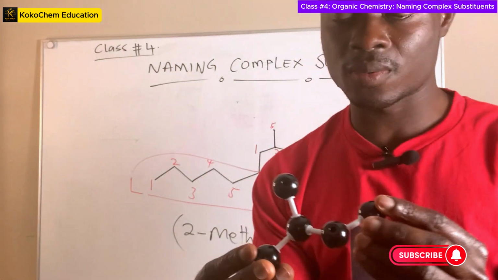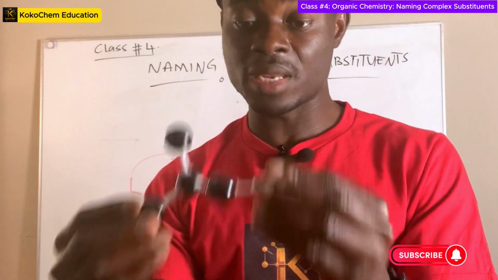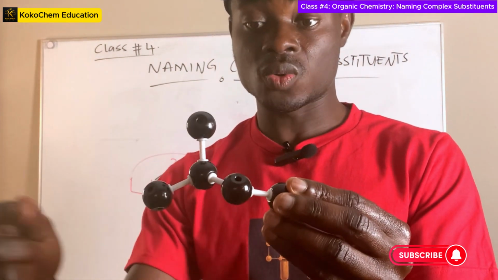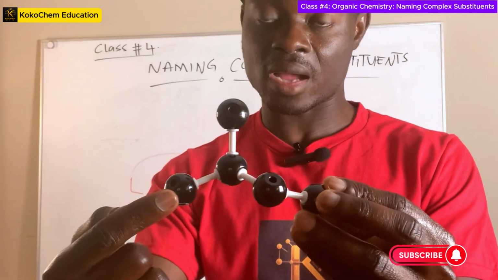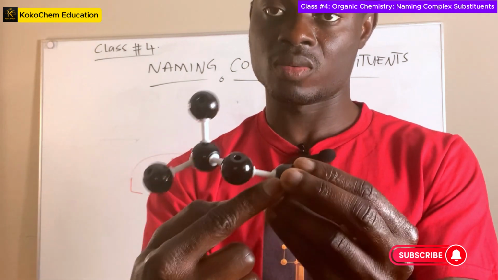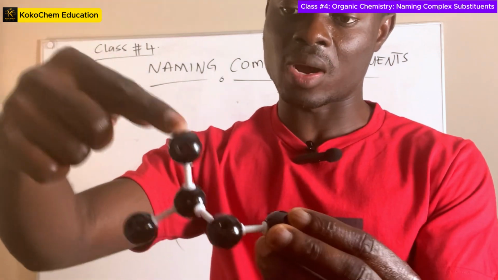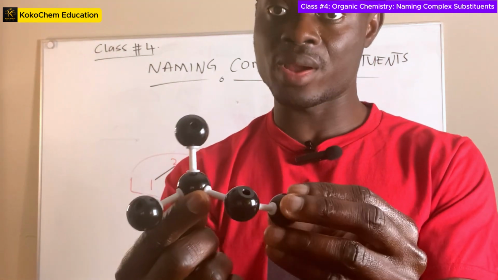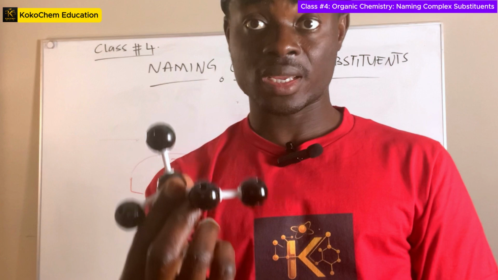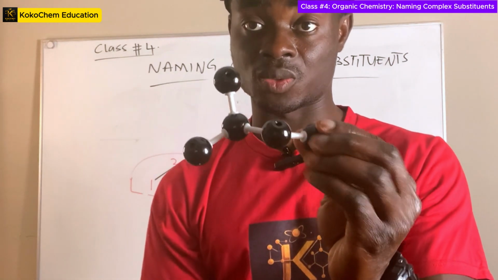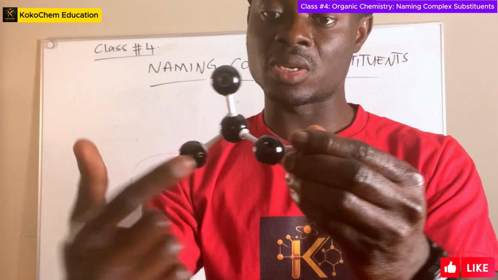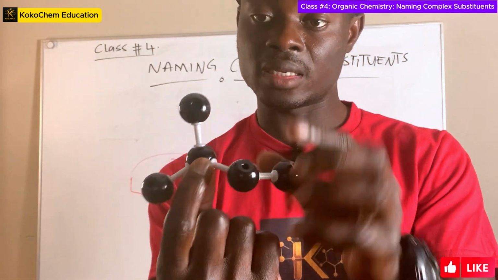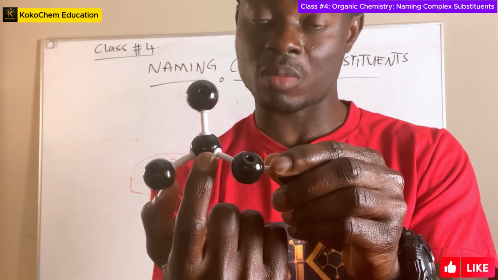So in that case, you treat it like a mini parent, then count it. You count the longest continuous carbon chain first. If you start from here, you say 1, 2, 3, 4. If you start from the other side, you say 1, 2, 3, 4. So either way, you get 4 as the longest continuous carbon chain in this substituent. Then as you count, this will be number 2, and this carbon is on carbon number 2.